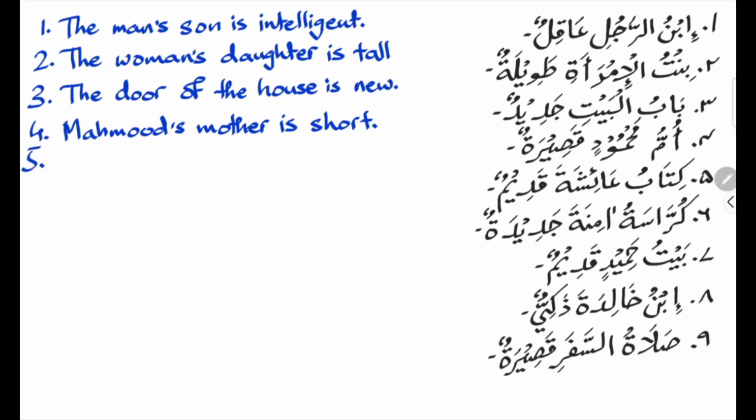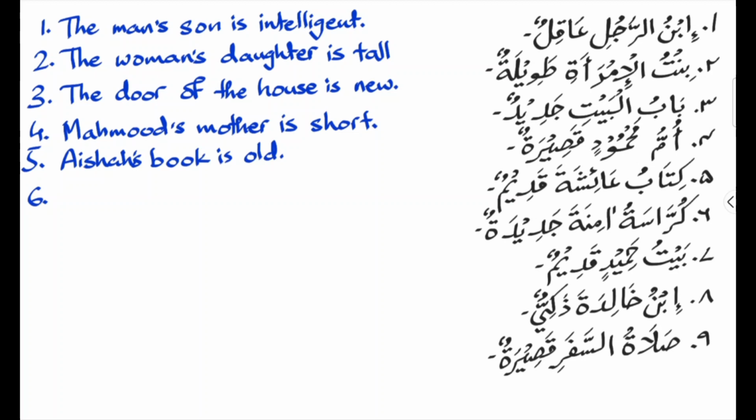Number 5 is Kitabu Aishata Qadimun. Aisha's book is old. Number 6, Kurrasatu Aminata Jadidatun. Kurrasa is mudaf, Amina is mudaf ilayh, and that whole thing is mubtada.